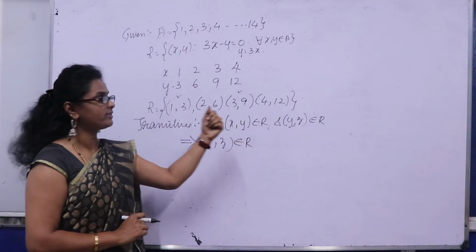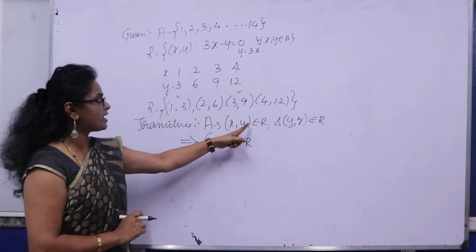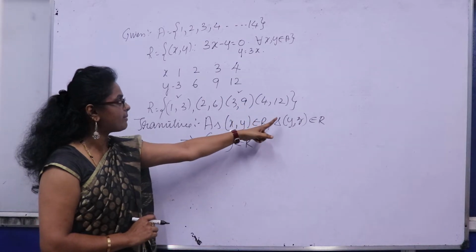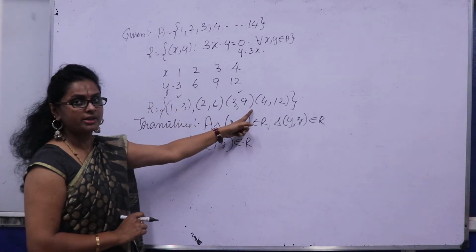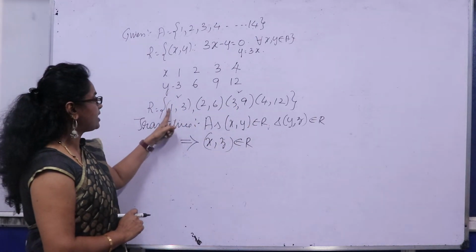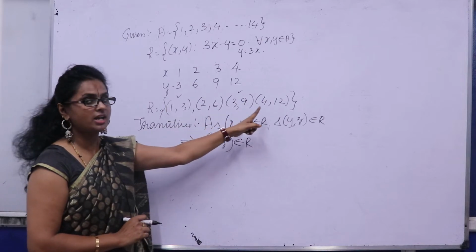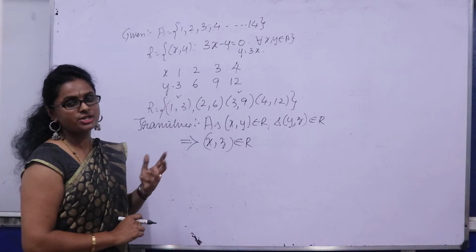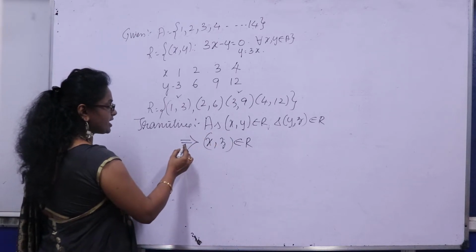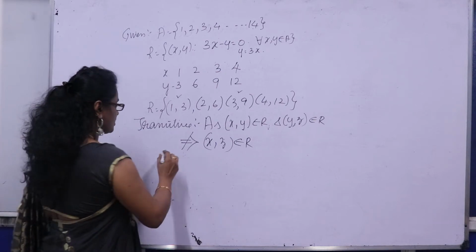You don't have. (1, 3), (3, 9), that is (x, y) and (y, z). The resultant must be (1, 9), that is (x, z). But we don't have (1, 9) here. So can we call this a transitive relation? No. So can we say it implies? No, it does not imply here.